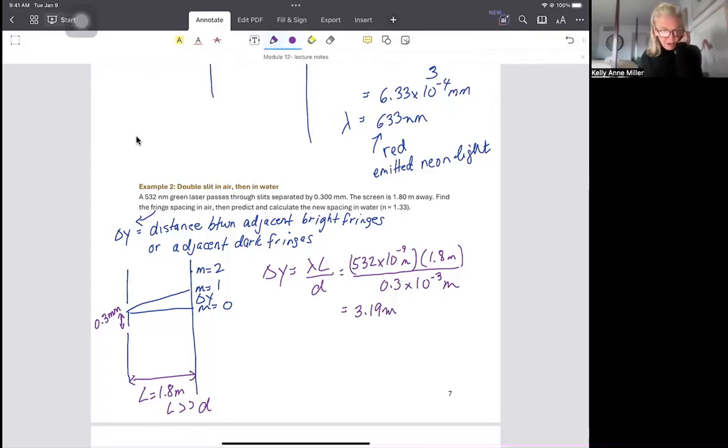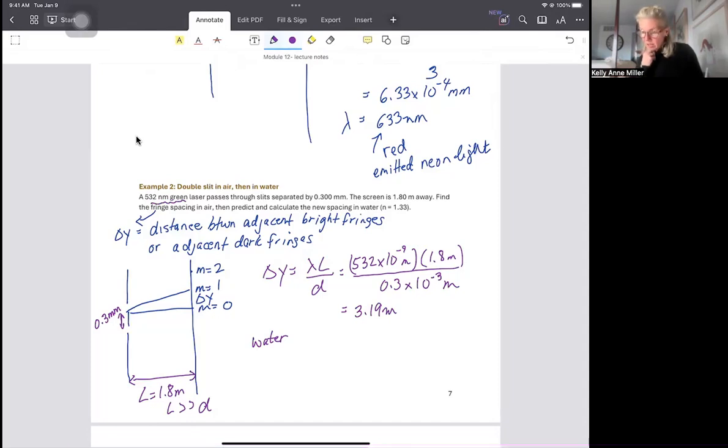Okay, so that's part A. Well, the question also asks, calculate the new spacing if I were to put this whole apparatus in water. Okay, let's call that part B. So in water, the frequency stays the same, but the wavelength of the laser light changes.